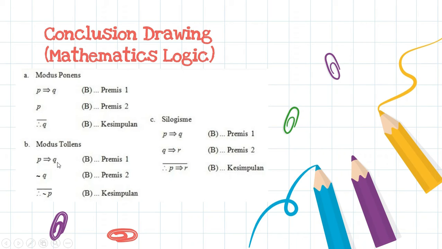P then Q is premise 1, negation of Q is premise 2, so the conclusion is negation of P. The last, syllogism. P then Q is premise 1, Q then R is premise 2, so the conclusion is P then R.